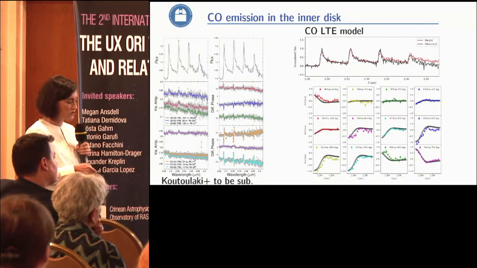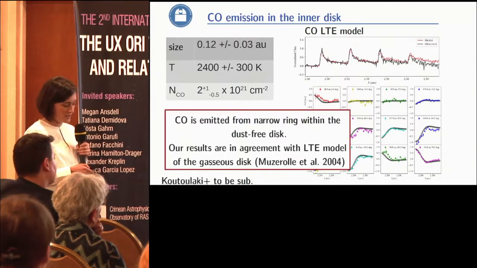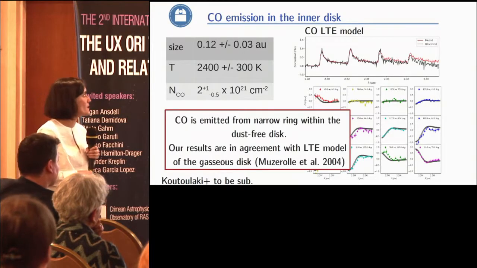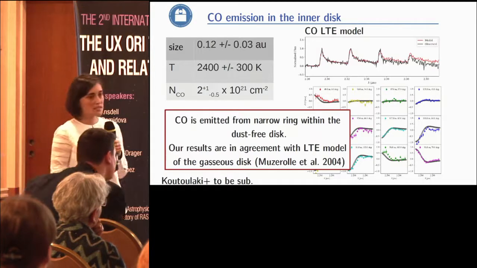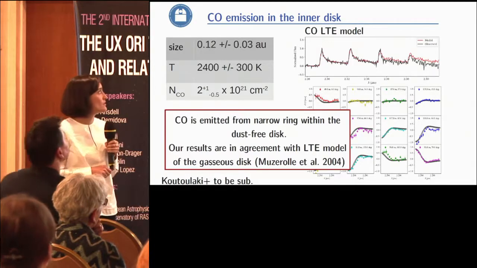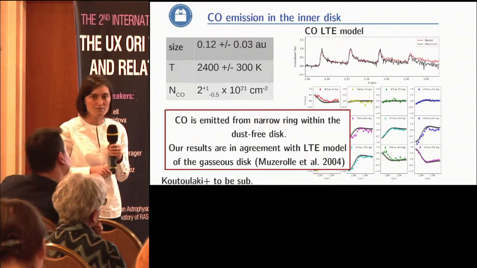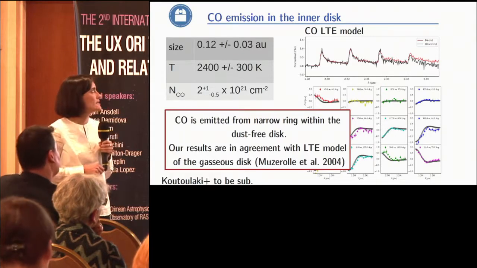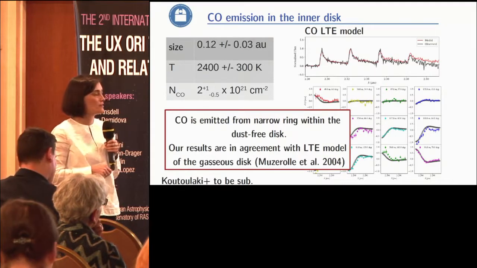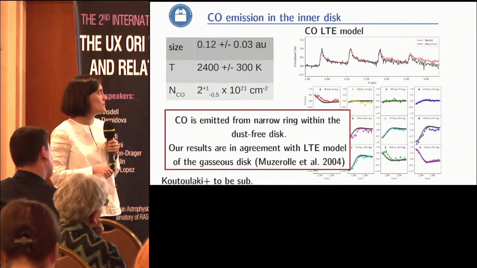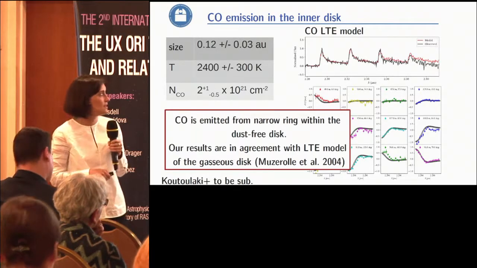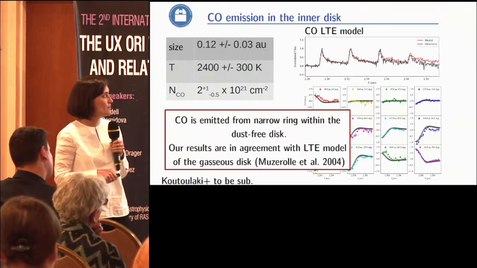So she was able to find a good match, and the very interesting thing, I think, is that she has derived a size for the CO of around 0.12 AU, with a temperature of around 2,400 K and a column density of around 2 times 10 to the 21 centimeters to the minus 2.